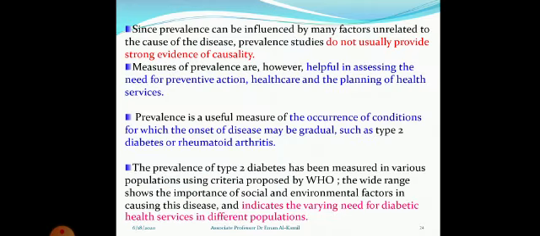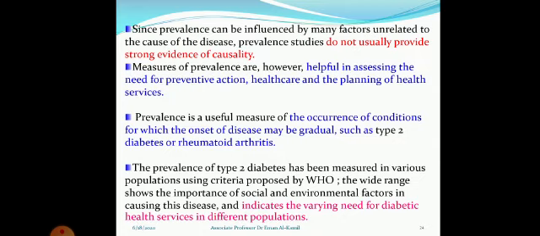Since the prevalence can be influenced by many factors unrelated to the cause of the disease, prevalence studies do not usually provide strong evidence of causality. So prevalence is not a good indicator for measuring the causality of the disease, as compared to the incidence.